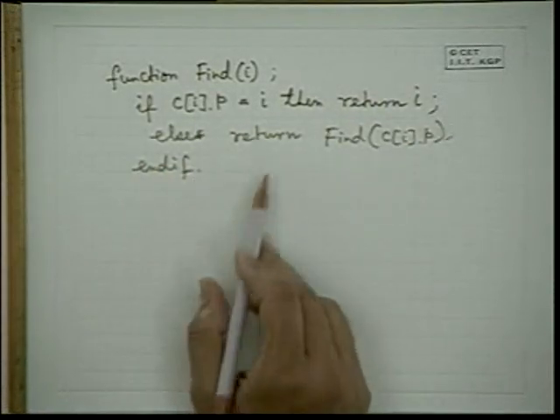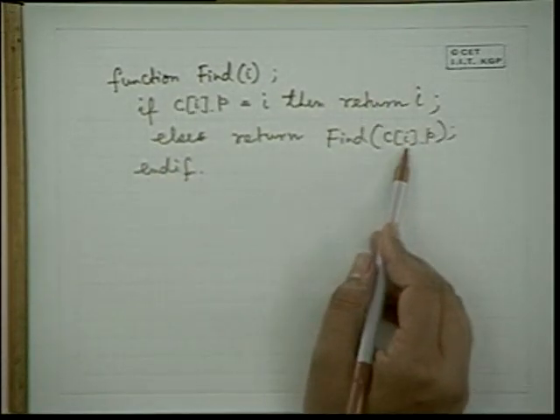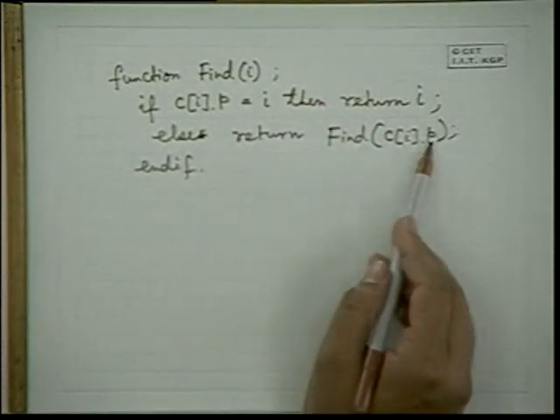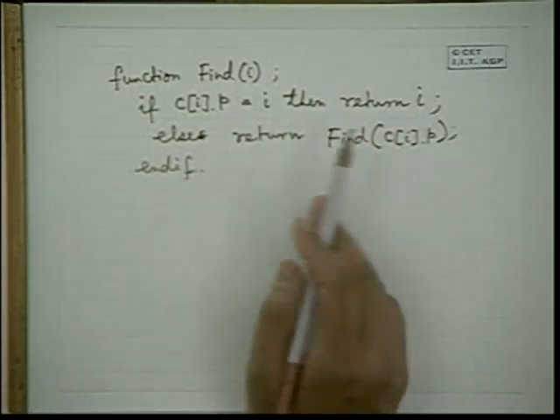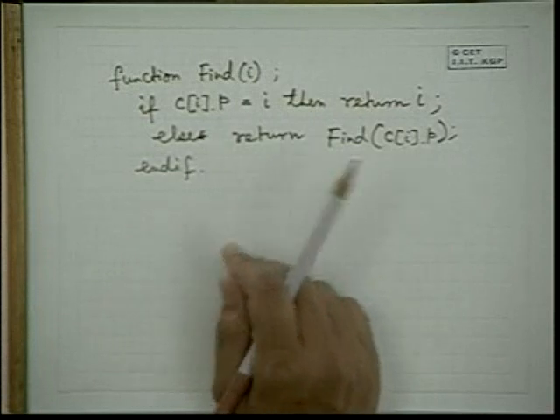This algorithm will traverse up the tree. Here is the traversal. You are going from I to its parent. In a recursive call, you are doing this. So, ultimately, when you reach the root, you will just spew out its name. That is the find operation.